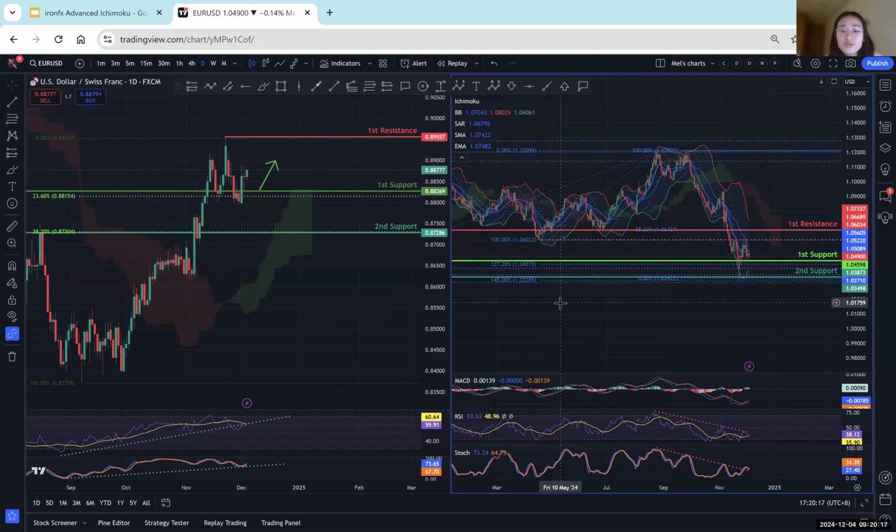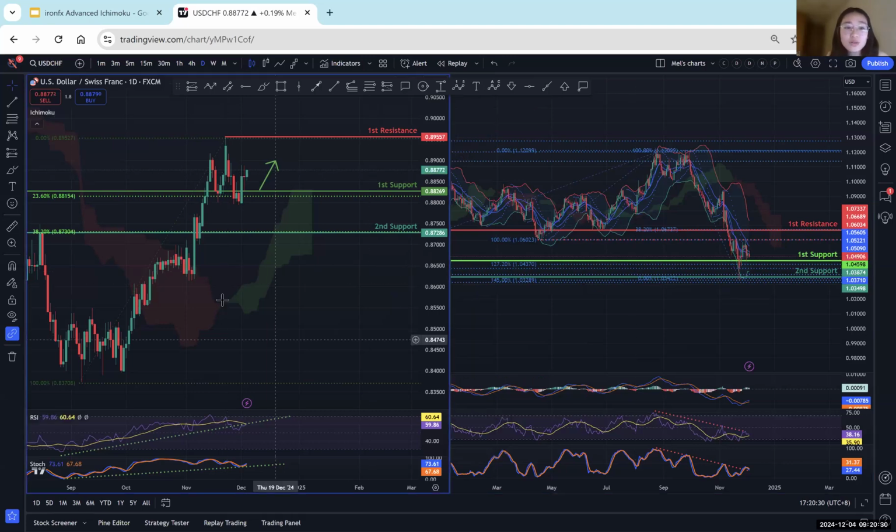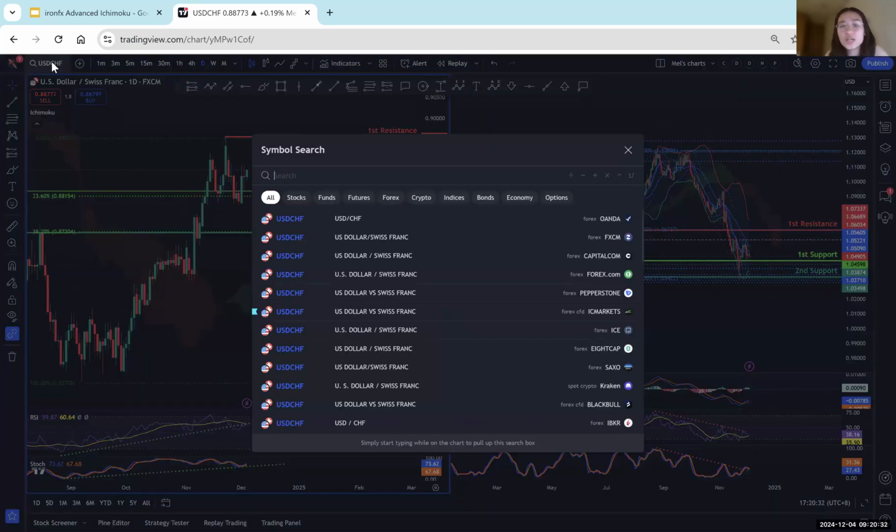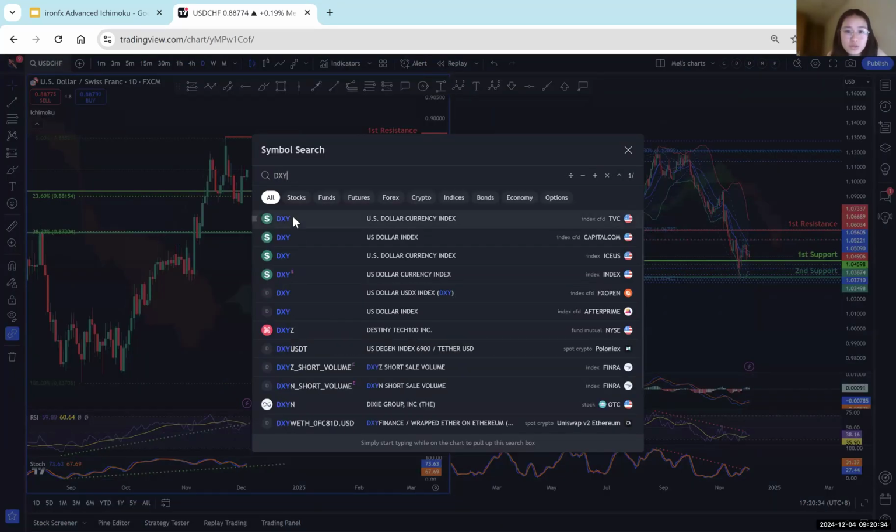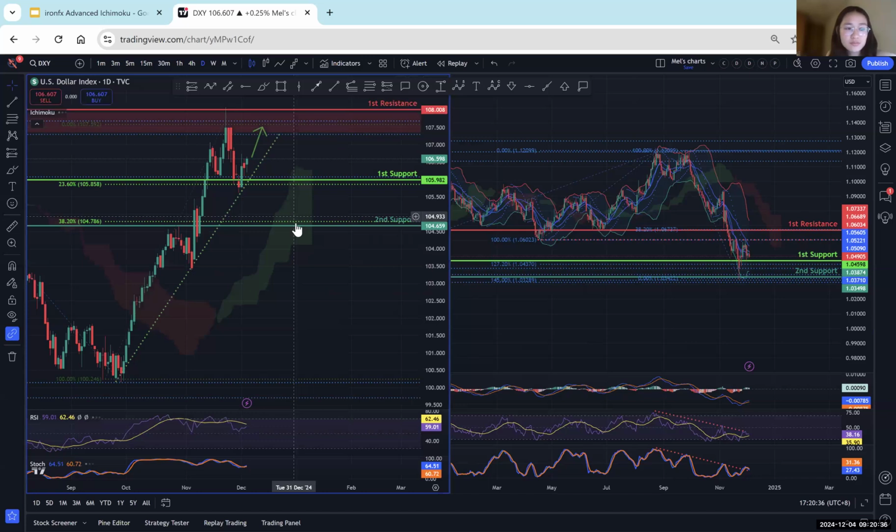To start off, we normally go through DXY since that will affect most of our charts. So while you let me know in the chat if you have any requests, I'm going to pull out our DXY chart just to get the ball rolling.